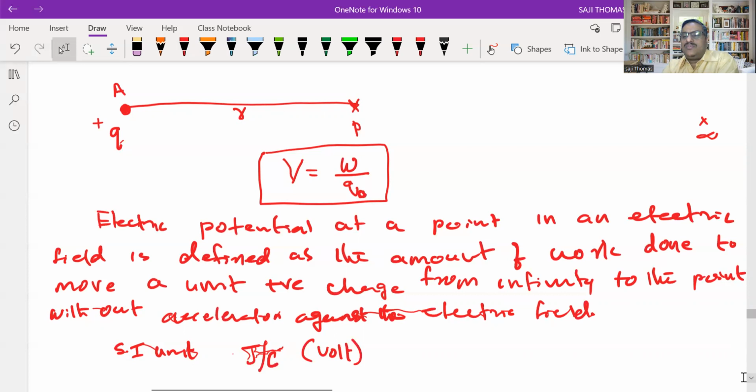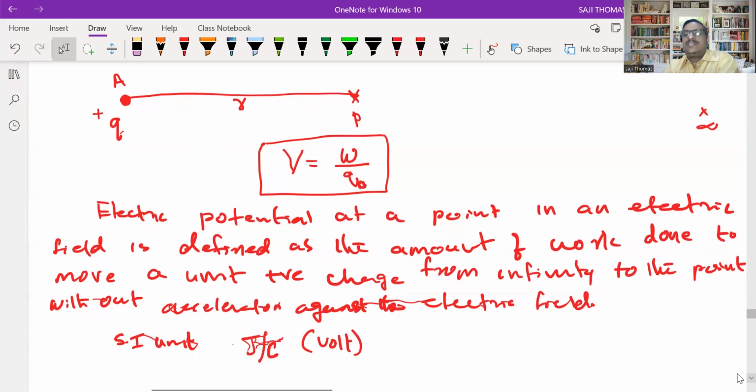So this is the equation for the potential at a point. Now we are coming to potential difference between 2 points. What is a potential difference between 2 points? Here we have to move a charge in between these 2 points.